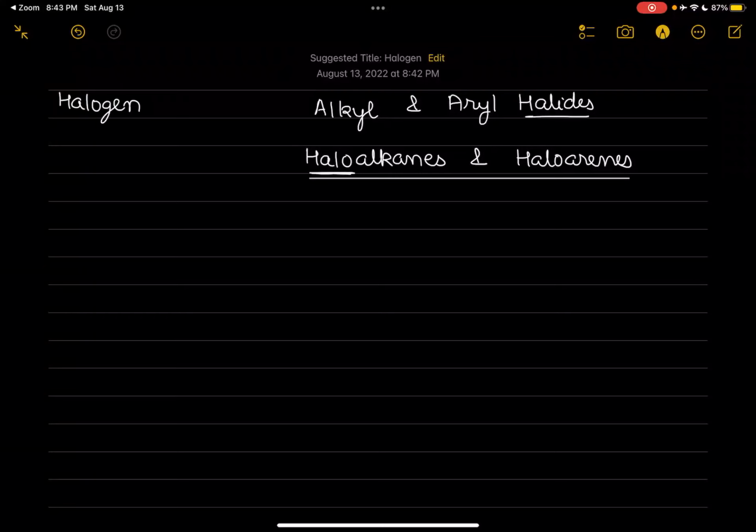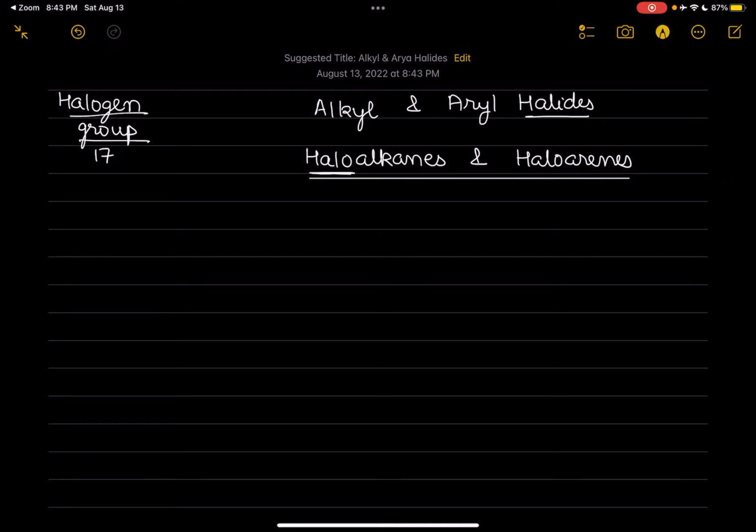We have the halogen group in the periodic table, and it is group 17. Just adjacent to the last group of noble gases, helium, neon, the second last group on the right-hand side is the halogen group.